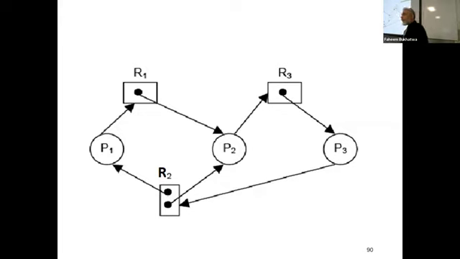Now you need to tell me what is the deadlock. Which processes are locked together? So you have to start at some point, at some process, and follow the arrows until you come back to the same process. And that will be the deadlock sequence. So start at P1 and follow it and tell me what sequence will bring you back to P1.